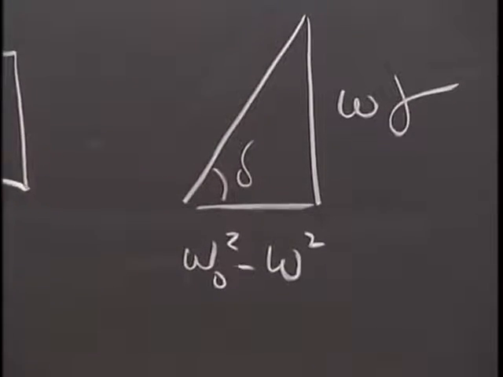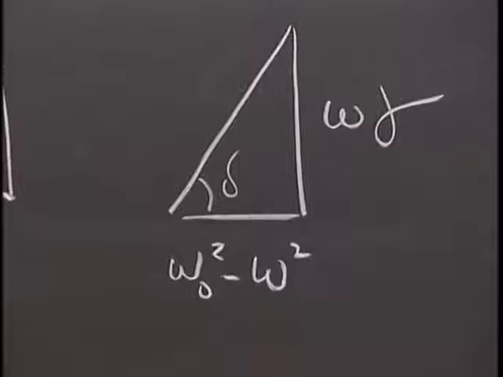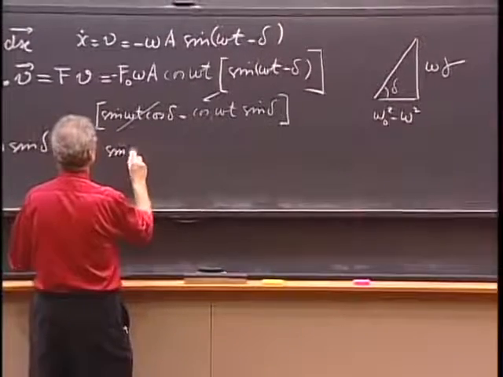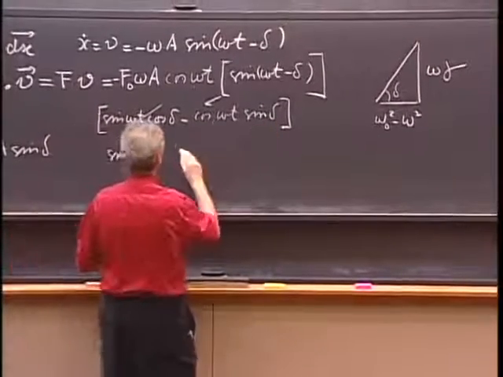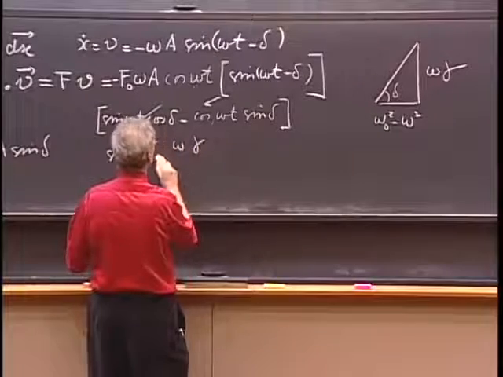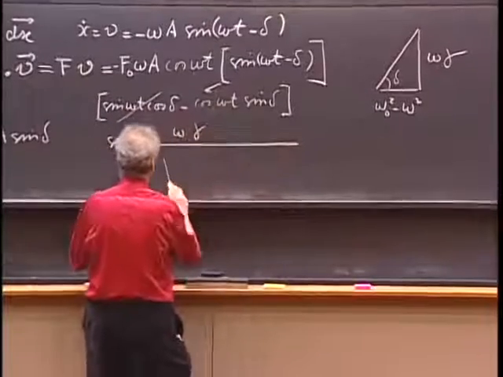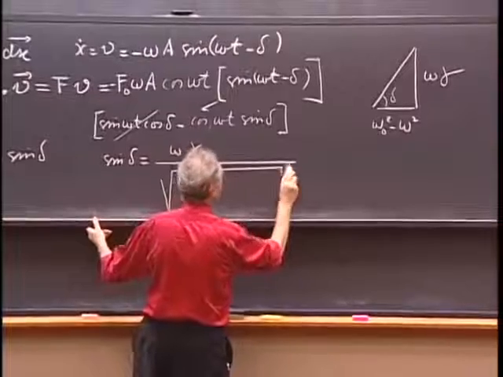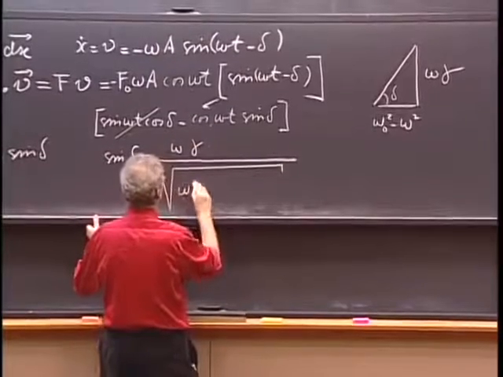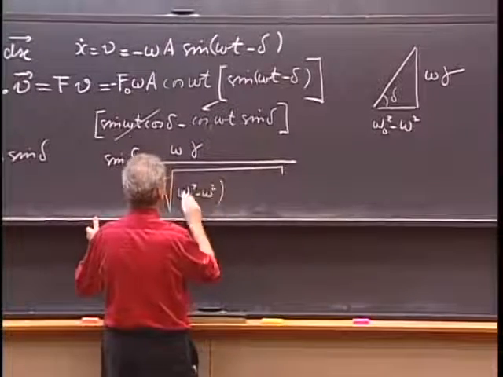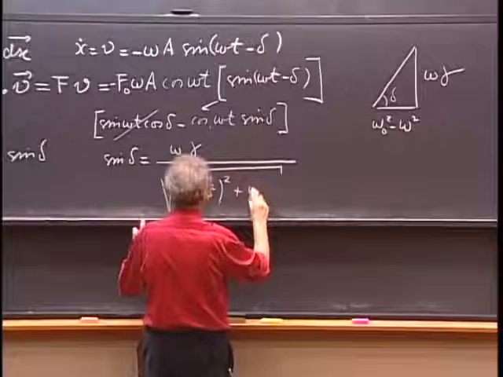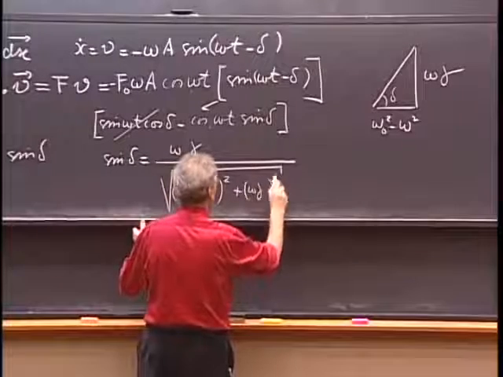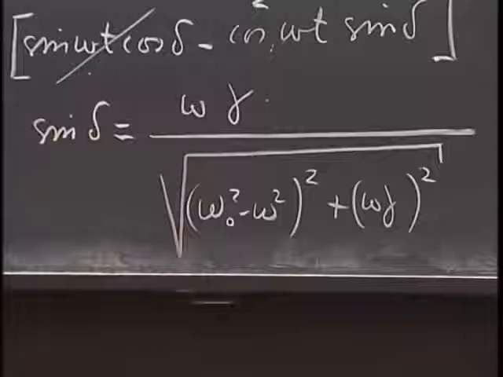And so I know that the sine of delta must be omega gamma divided by the square root of omega 0 squared minus omega squared, plus omega gamma squared. So yes, I do know what the sine of delta is.